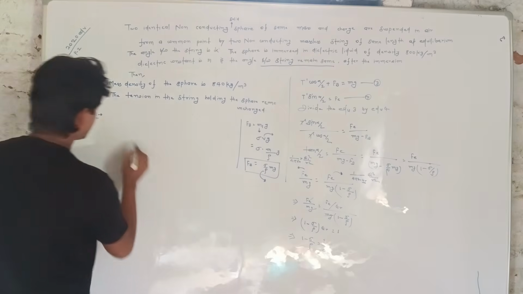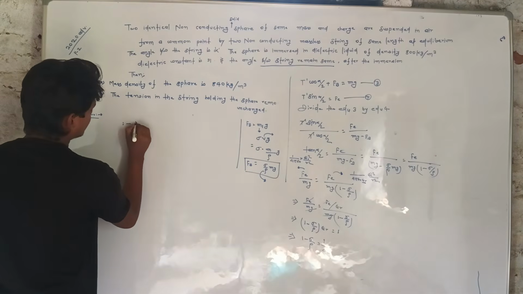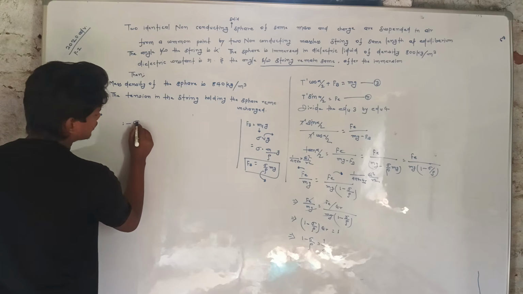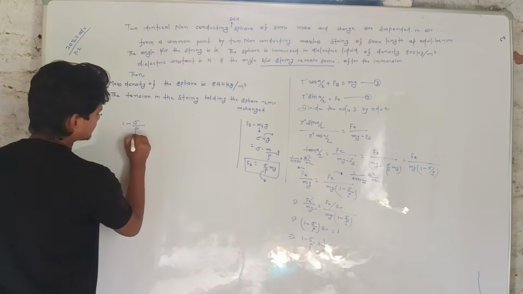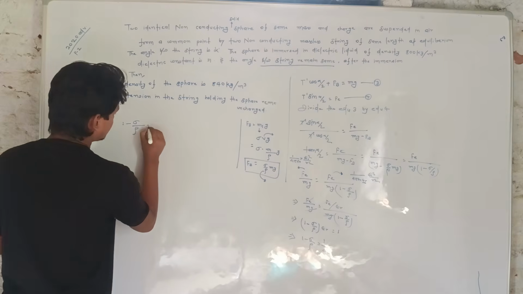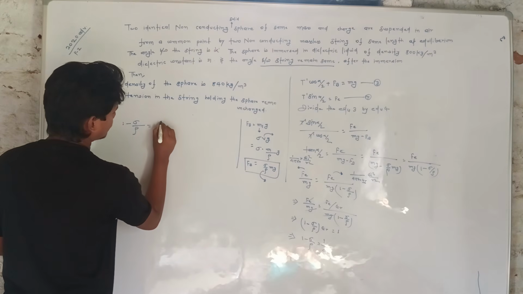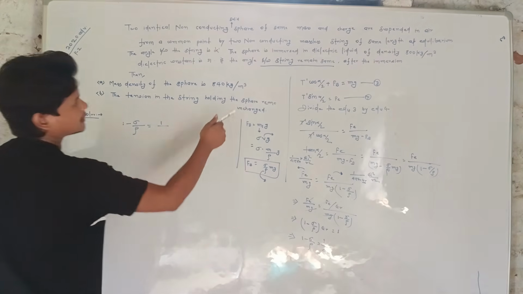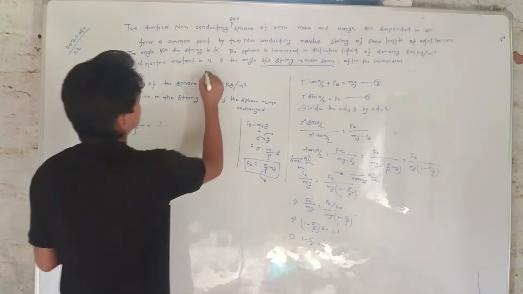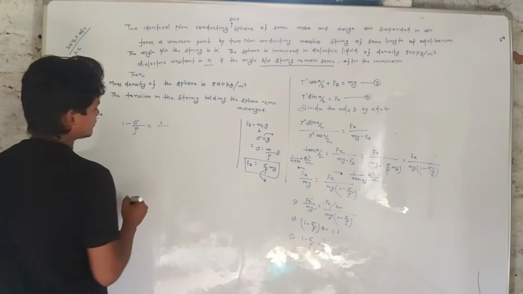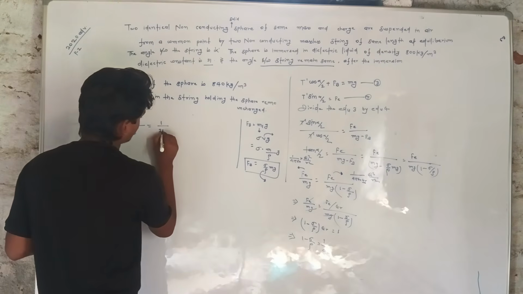Here we simplify: 1 minus mass density of liquid upon mass density of the sphere is equal to 1 upon epsilon r, which is given in the question. It's 21 dielectric constant, 1 upon 21.